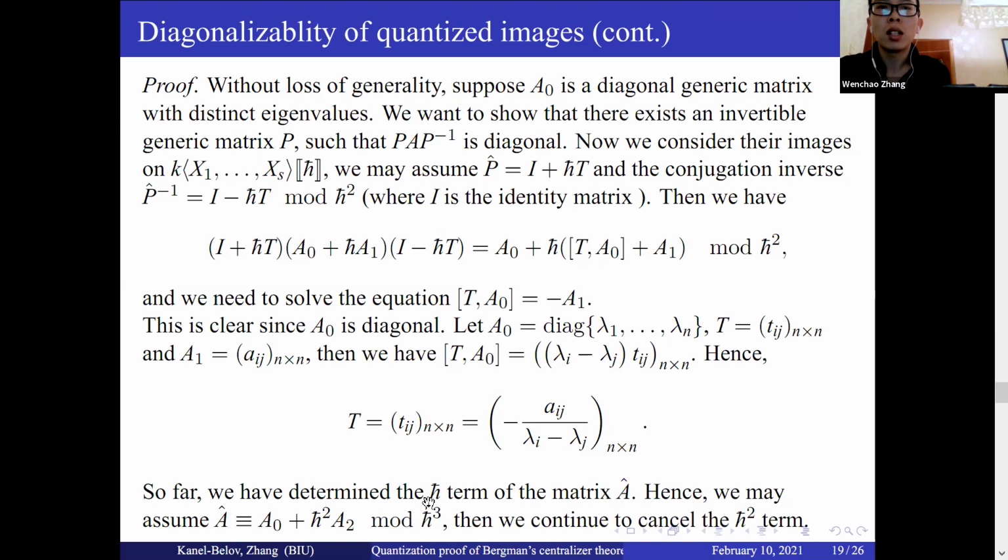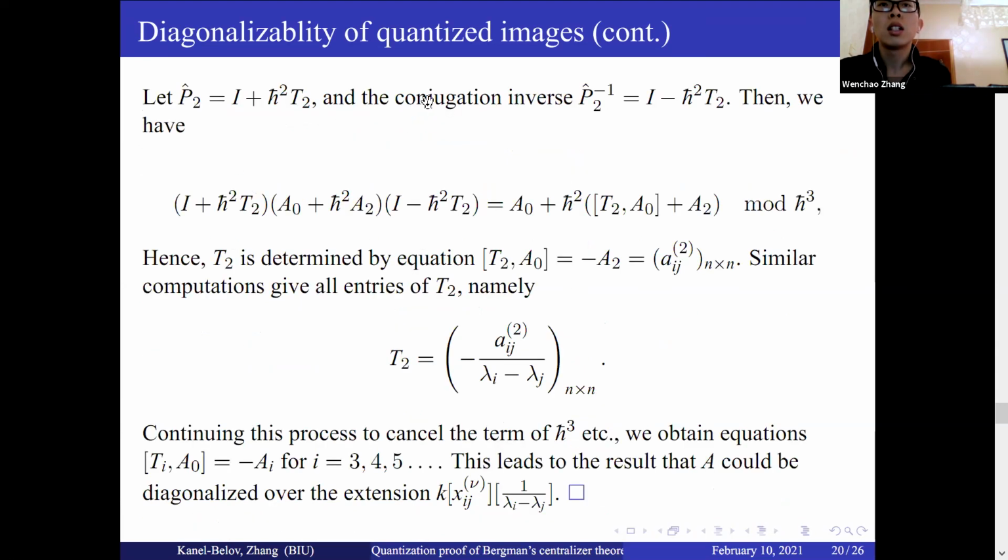So far, we can determine the H bar term of the matrix A bar, which shows that it is diagonalized when we take modulo H bar 2. Then we can also assume a new A hat equals A0 plus H bar 2 A2 modulo H bar 3, and continue to cancel the H bar 2 term, which is similar.